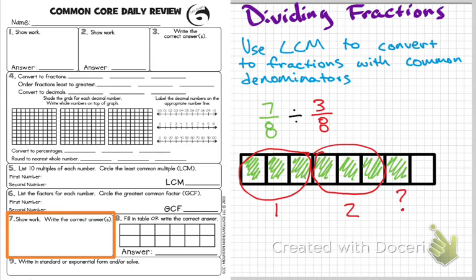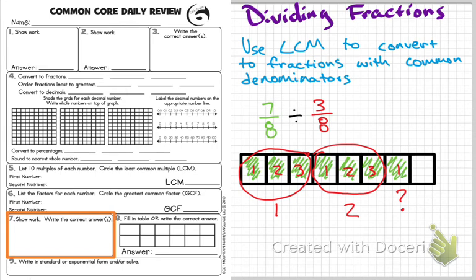And we need to determine how we can describe what is left over in this problem. In order to do that, I need to go back and think about what is making up each of my 1 whole pieces. Inside of my 1 whole piece, there are 3 smaller pieces, and in my second piece, there are another 3 smaller pieces.